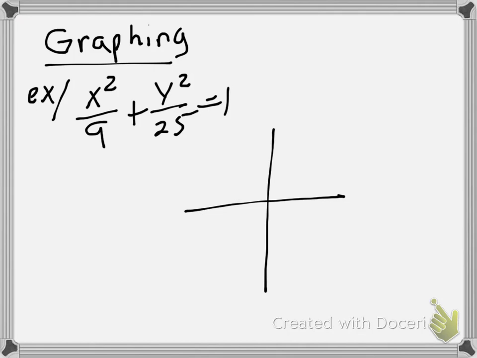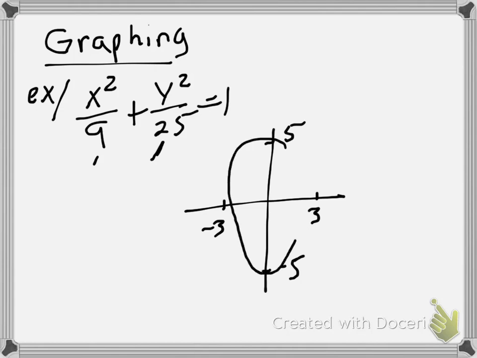So the nice thing is on my y-axis, we're going to be going out to 5 in each direction because 5 squared gives us 25. So it's going to go up to 5 and down to -5. Our x is going to go out to 3 and -3. So there is our ellipse. Well, that's terrible, but either way, it's elongated on our y-axis.